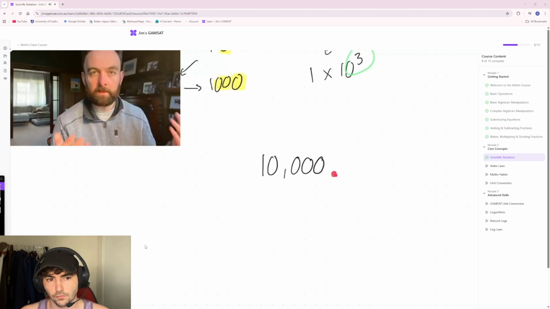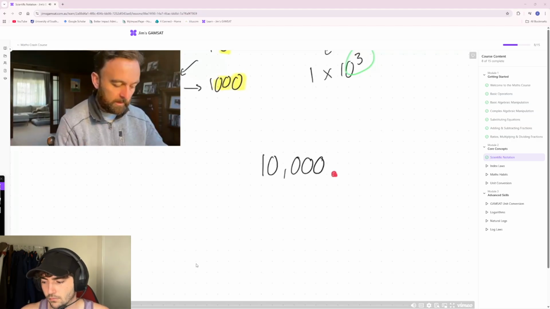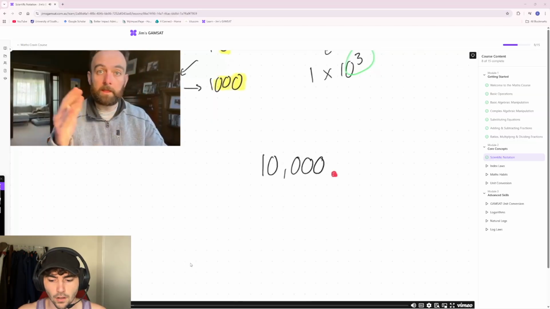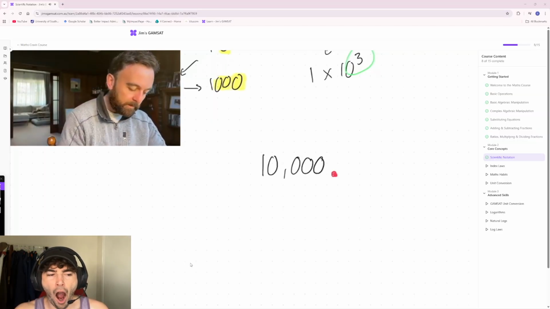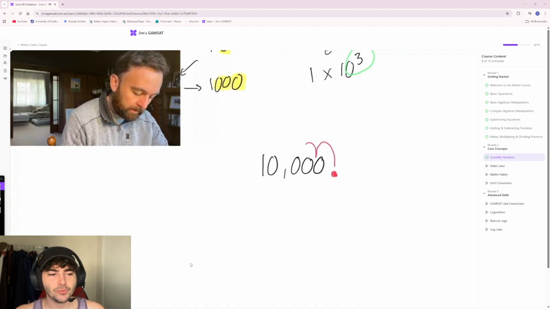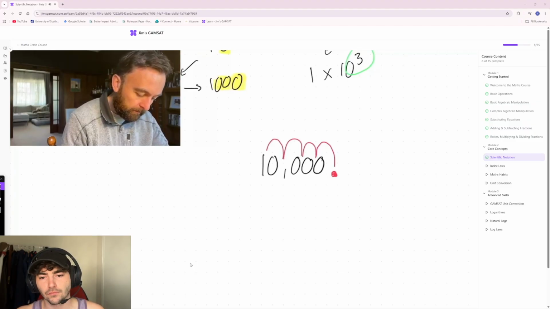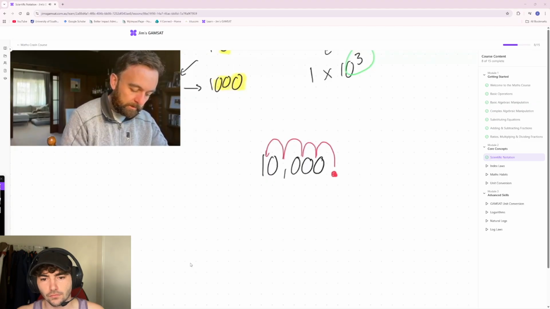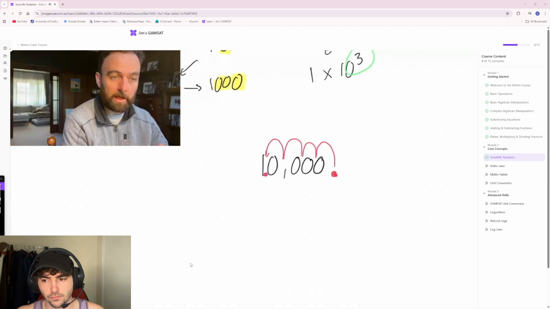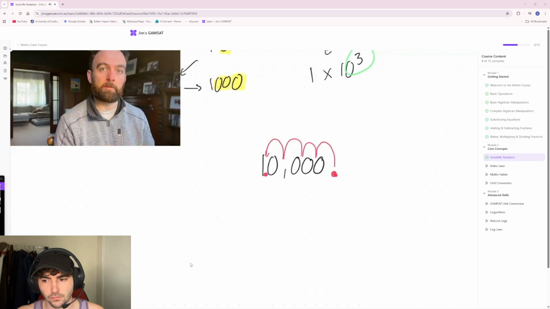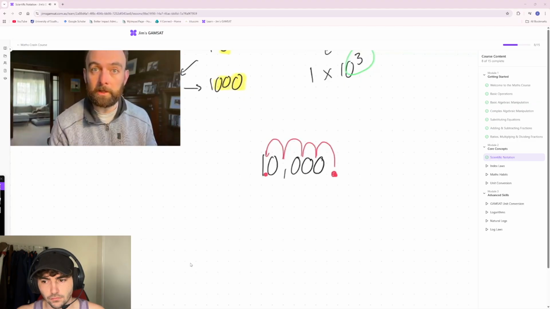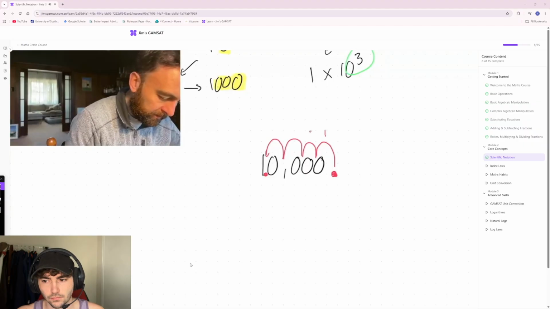We don't really write 10,000.0, but we put that decimal point at the end of the number and jump it 1, 2, 3, 4. What we've essentially done is count how many zeros are in that number, and so how many times we've multiplied that number by 10. 1, 2, 3, 4.